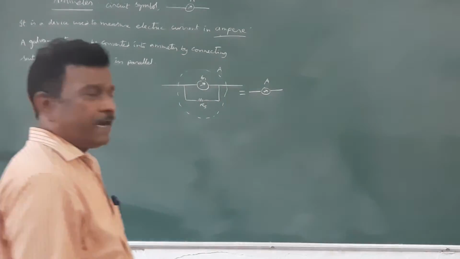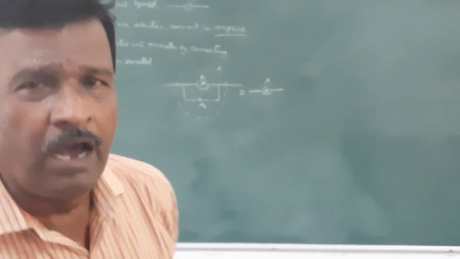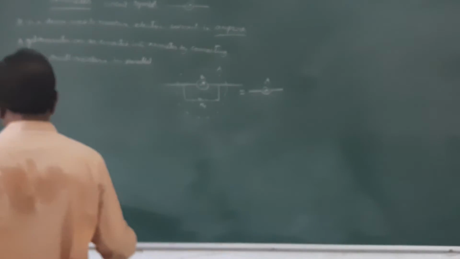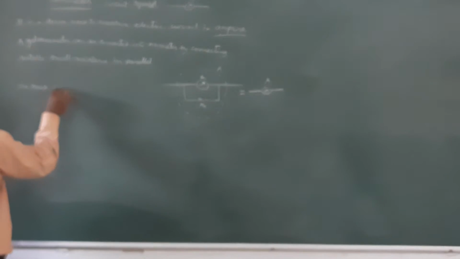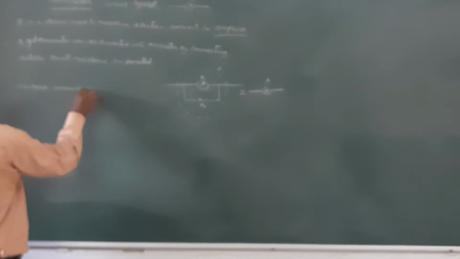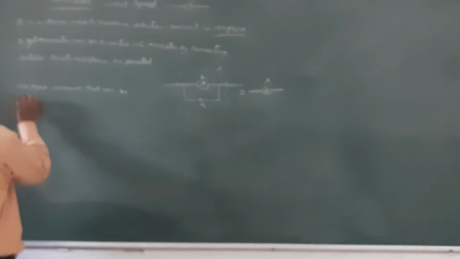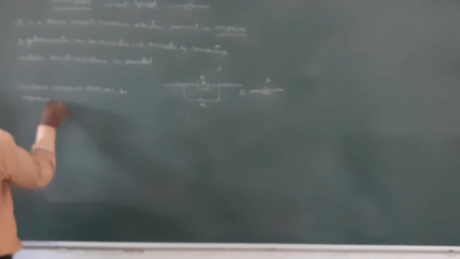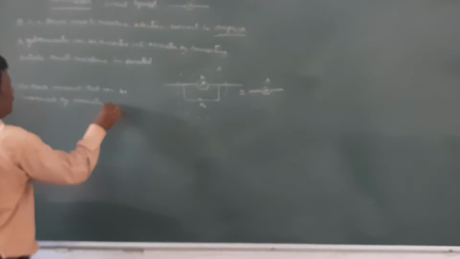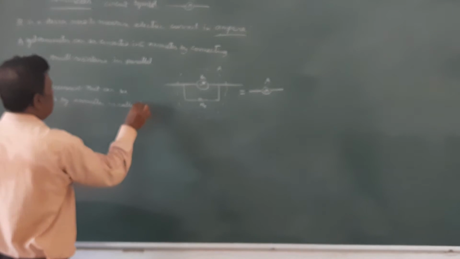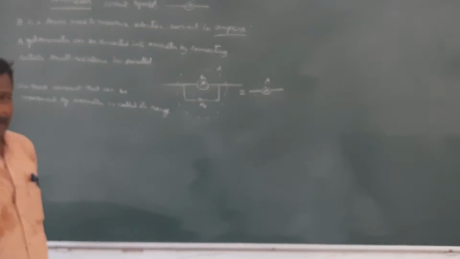The maximum current that can be measured by using this ammeter is called the range of the ammeter.